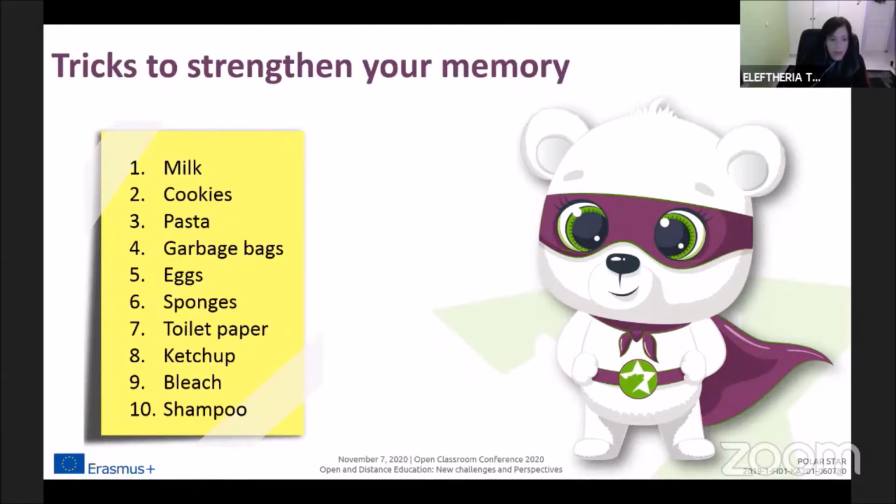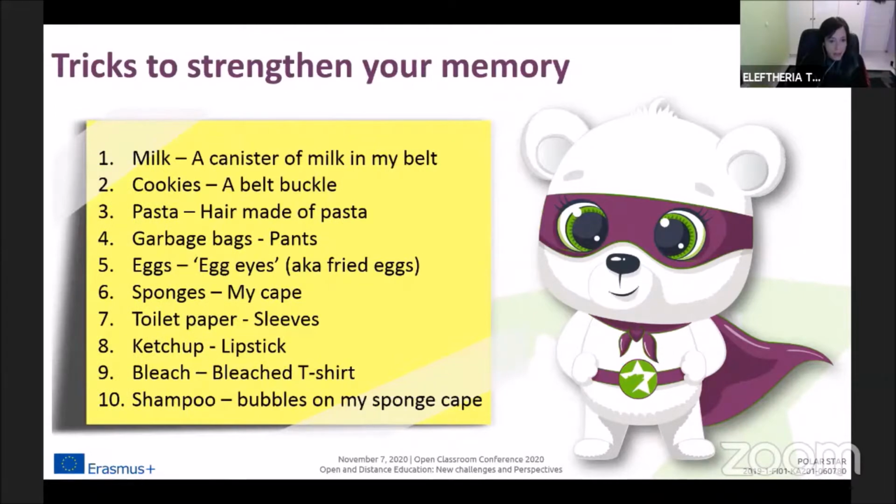So I am going to imagine that Polar is going to go do my shopping, and she has a canister of milk on her belt. Her belt buckle is a cookie. Her hair is made of pasta. She's wearing garbage bag pants.